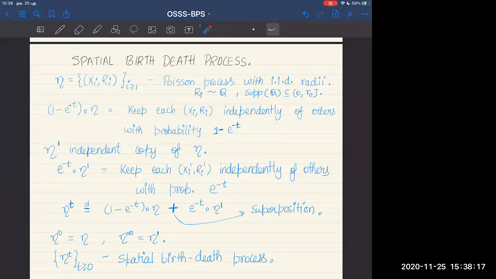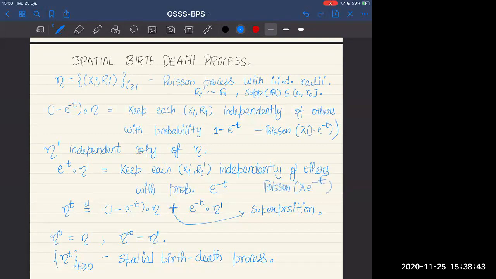What one can show is that eta t is a Poisson process with intensity lambda. The first part is a Poisson process with intensity lambda times (1 minus e to the minus t), and the second is Poisson with parameter lambda e to the minus t.